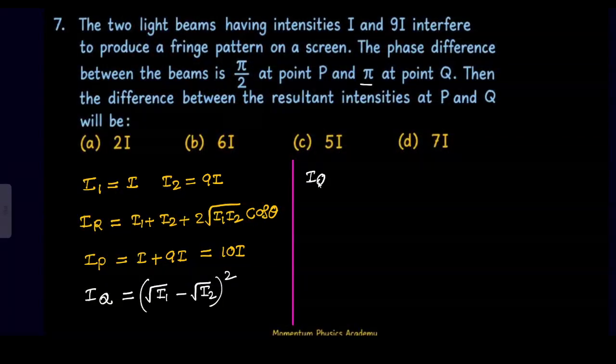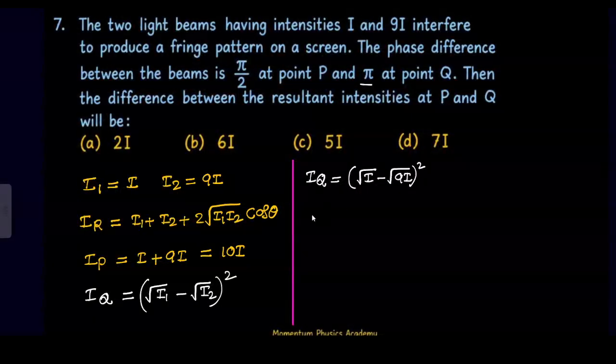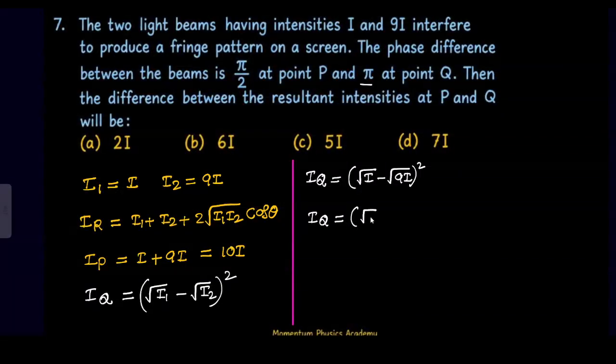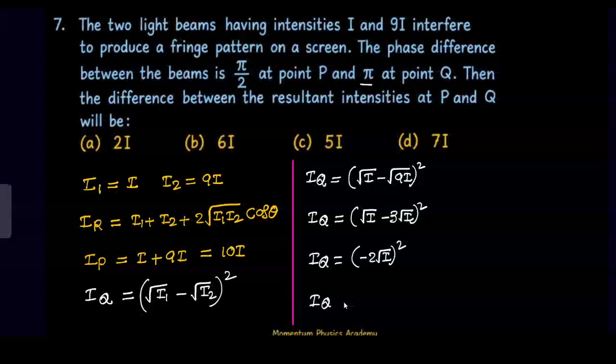So at the point Q, this is root I minus root 9I whole square. So IQ is root I minus 3 root I whole square. So intensity at Q is minus 2 root I whole square, which will be equal to 4 into I.